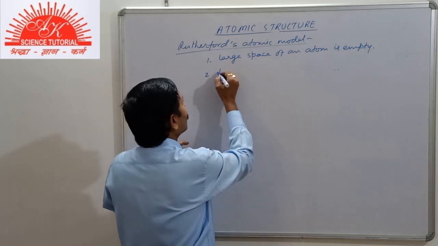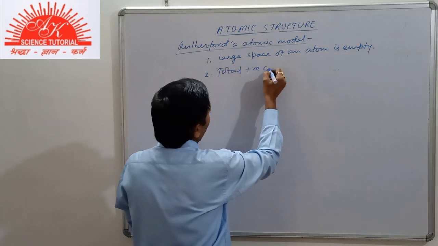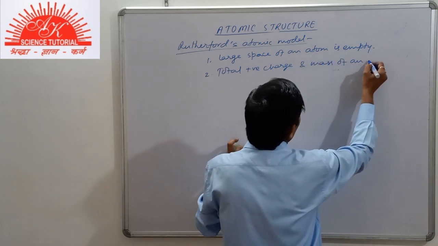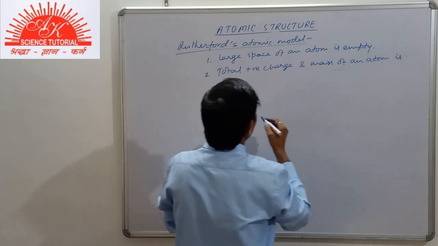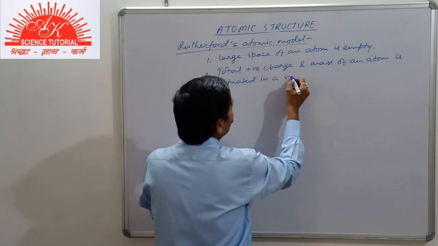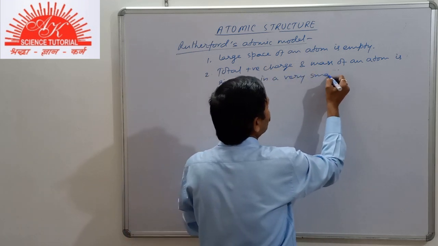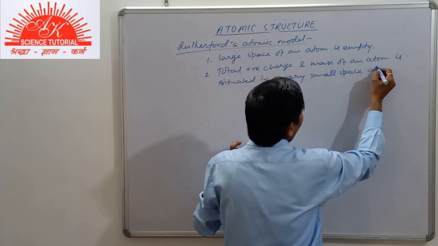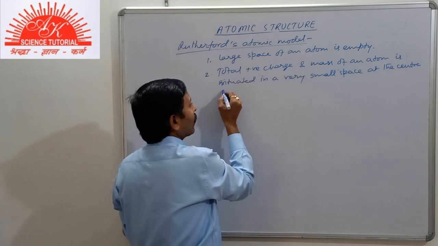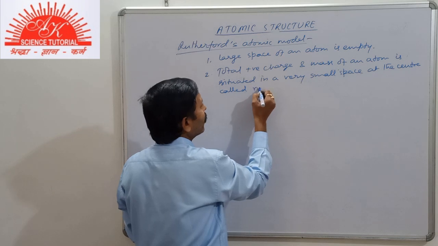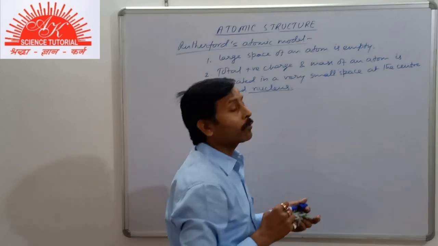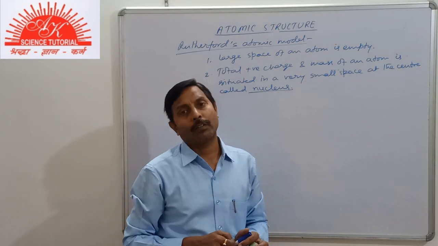Next, total positive charge and mass of an atom is situated in a very small space at the center called the nucleus. So the word nucleus was first used by Rutherford, hence we say that the nucleus was discovered by Rutherford.